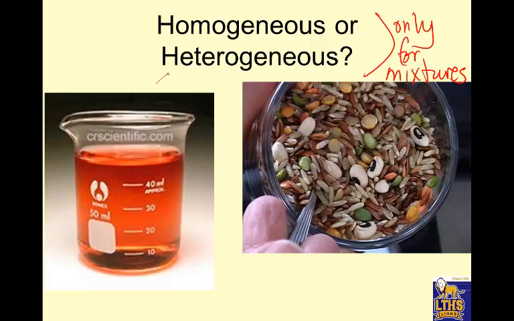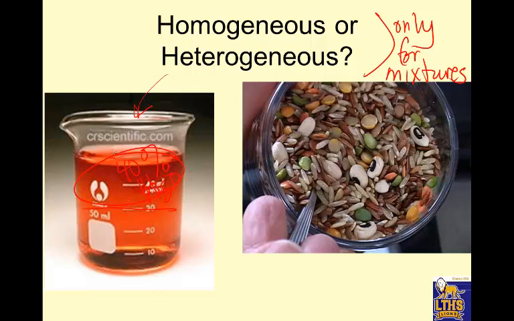Okay, so here's a mixture. This is kind of like Kool-Aid, all right? We'll just say it's like an orange drink. So if you could see this, orange drink is so well mixed that if we drank half of it, we would get the exact same proportions.